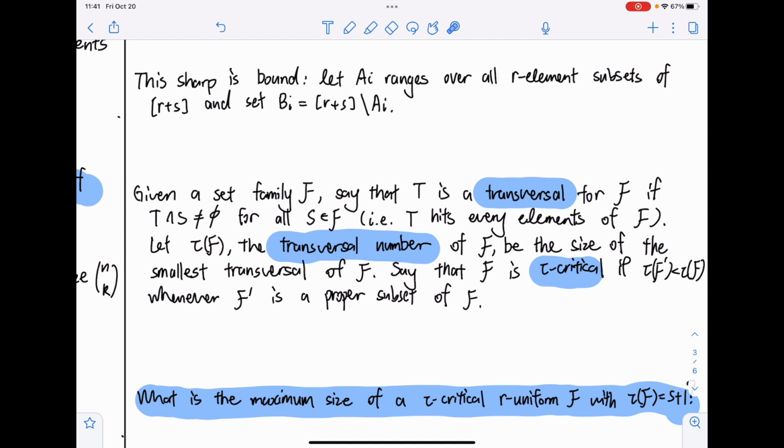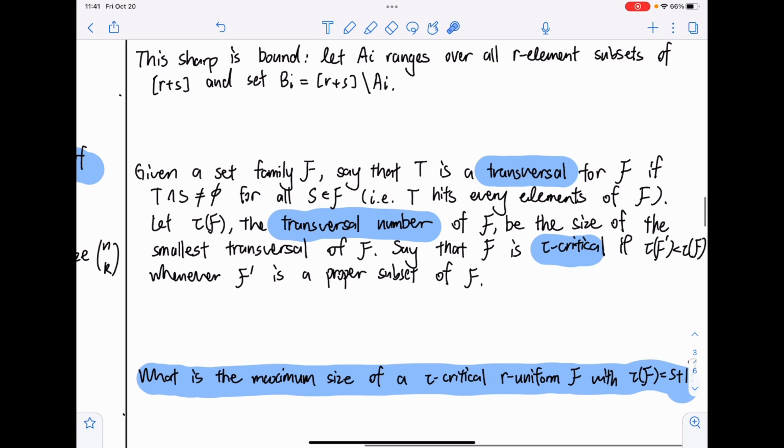We let tau(F), called the transversal number of F, be the size of the smallest transversal of F. And we say that F is tau-critical if tau(F') is less than tau(F) whenever F' is a proper subset of F.